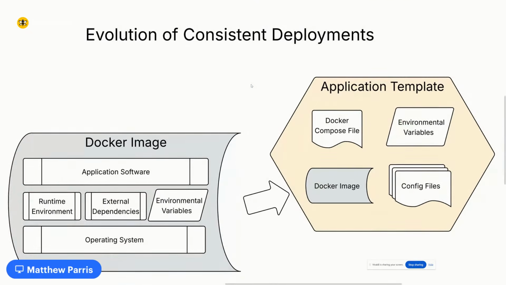But as you start to use Docker images, it doesn't standardize everything. You've got the image itself, but that's got to be within the context of a whole compose file. For those not aware of what a compose file is, it's basically a way for you to specify the environment that the Docker image is going to run within.